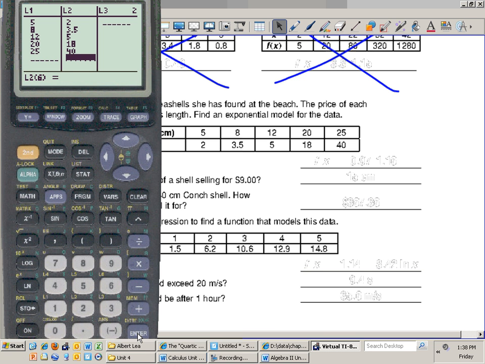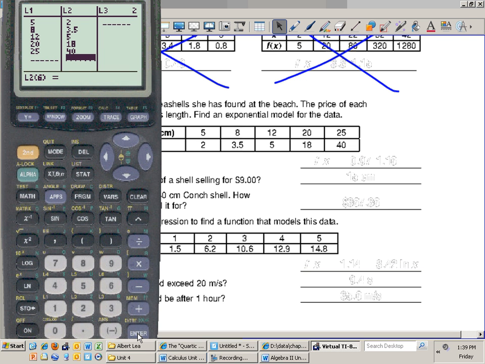Why wouldn't somebody just, let's say a 4 centimeter seashell costs a couple bucks, why not just buy a bunch of those? Because you can't just piece them together and come up with that same value. The fact is that a large seashell is very rare, and so that's why the price jumps up so much.